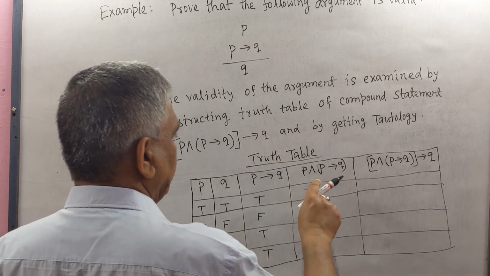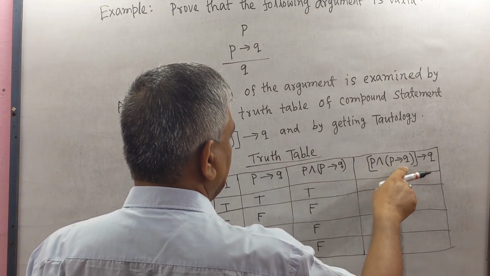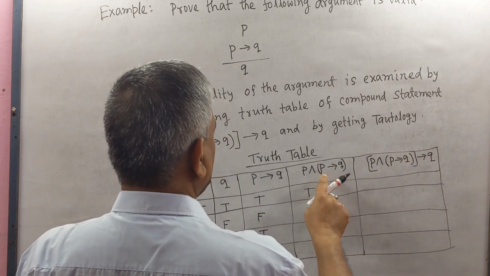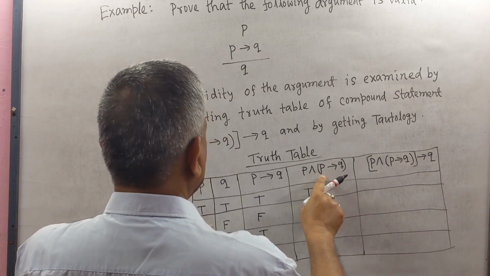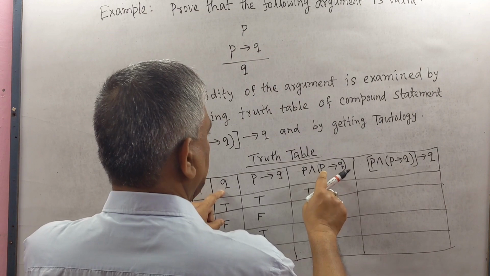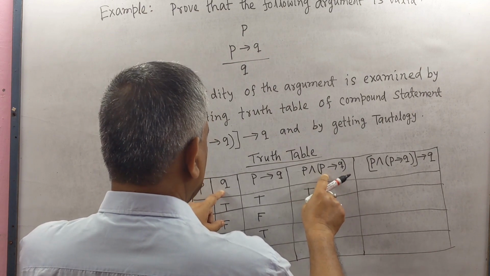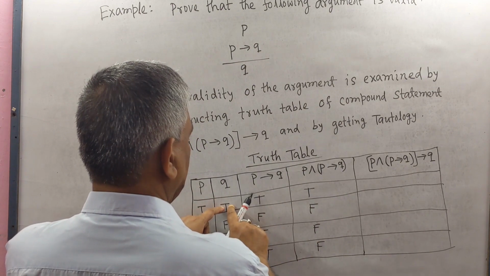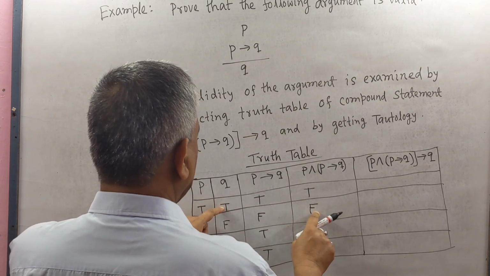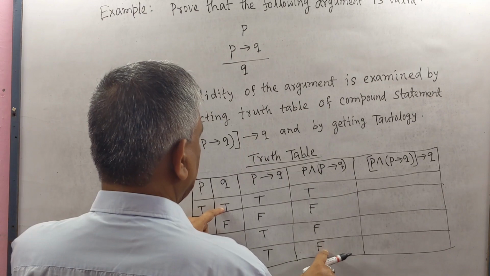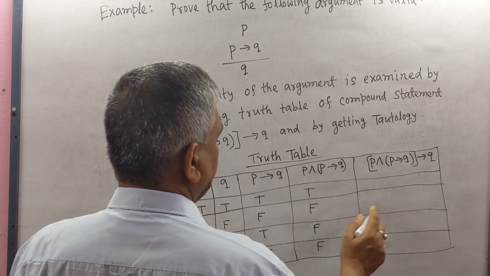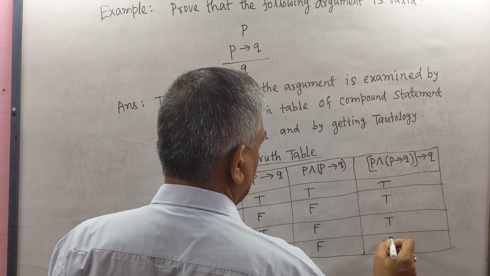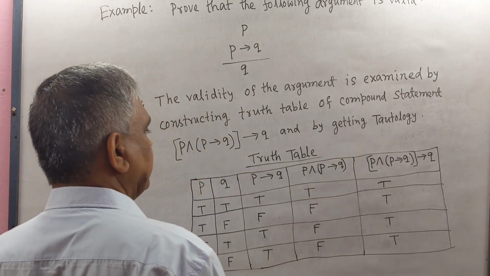Now (P ∧ (P → Q)) → Q. Here we take this column and this column. If first we take this column, T, F gives F. T, T gives T. No other T, F, so no F, all are T. So this is a tautology.